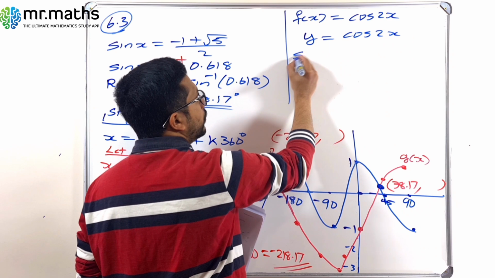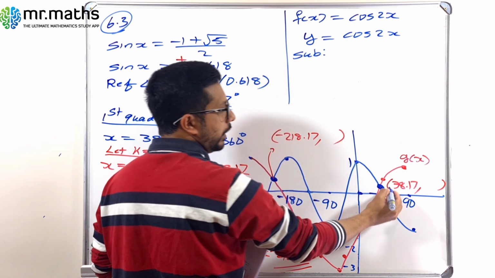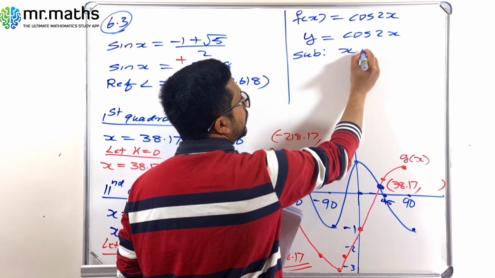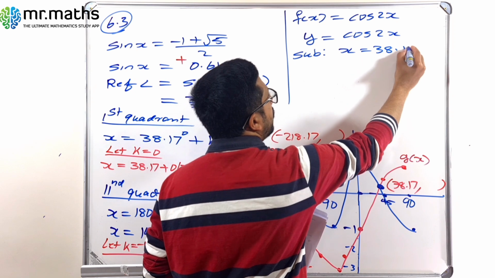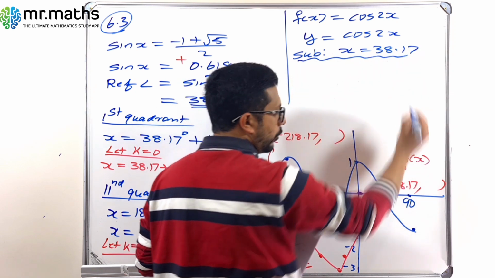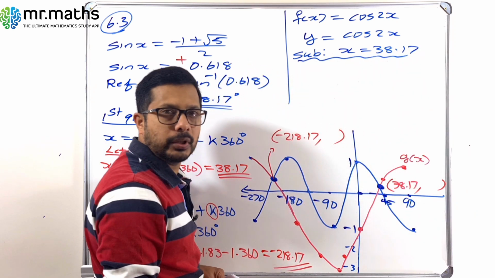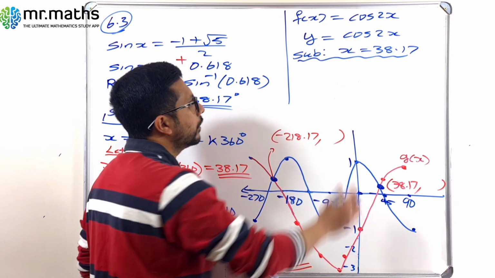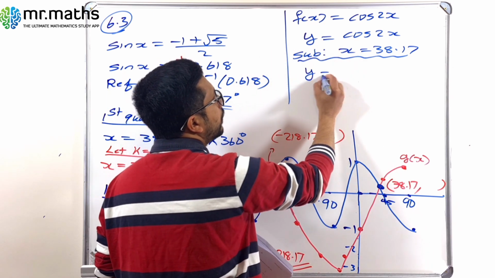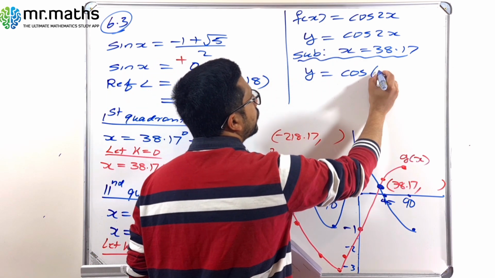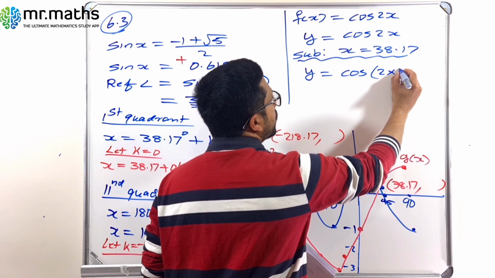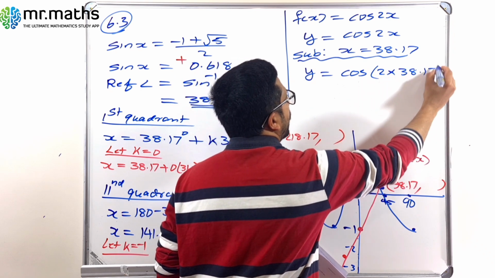Now substitute x as 38.17. At that particular point, the x value we know is 38.17. So y is equal to cos of 2 times 38.17.